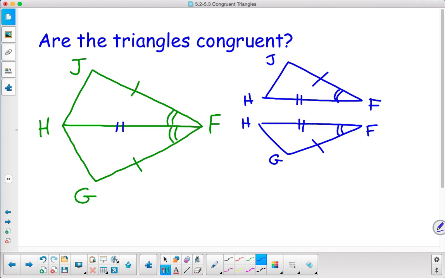So again, we have yes, and it's side, angle, side. I'm going to skip the listing the triangles for a few examples.